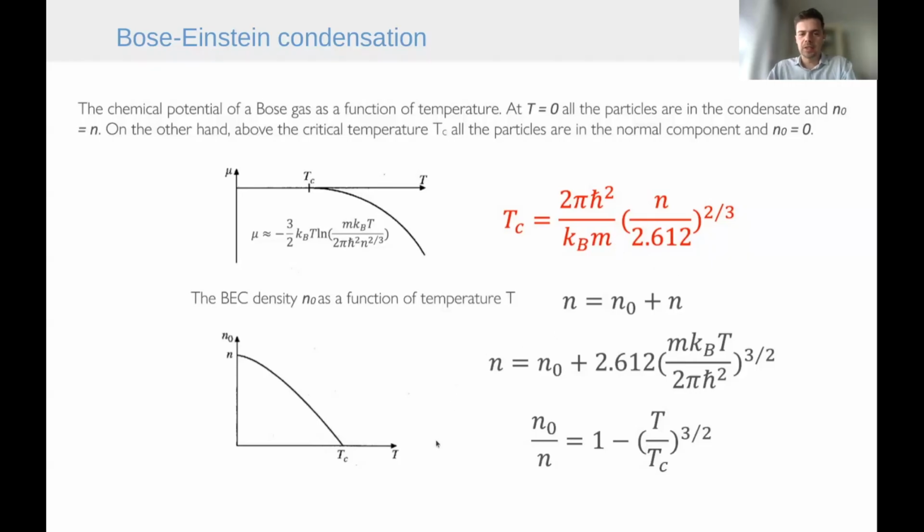And we can easily calculate the dependence of the number of particles in the ground state on the temperature, using the previous calculation of the integral, which gives us the number of particles in the excited states. So as we decrease the temperature and go through the critical temperature, the number of particles in the ground state will increase, as depicted here.